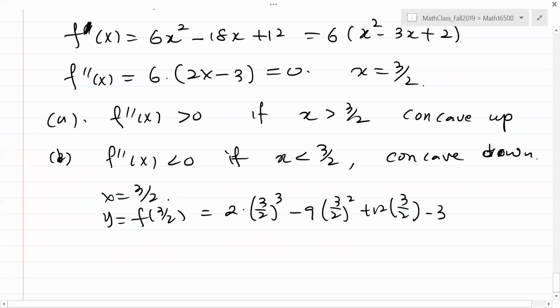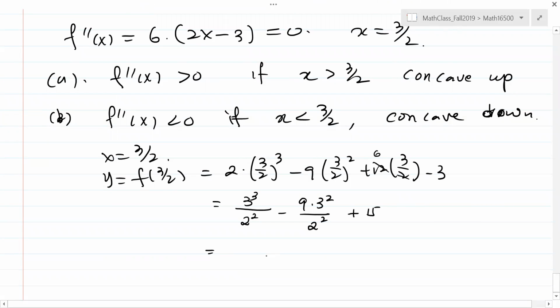Let's do it step by step to simplify. So I got 3 cubed over 2 squared minus 9 times 3 squared over 2 squared, plus 18 minus 3, which is 15.